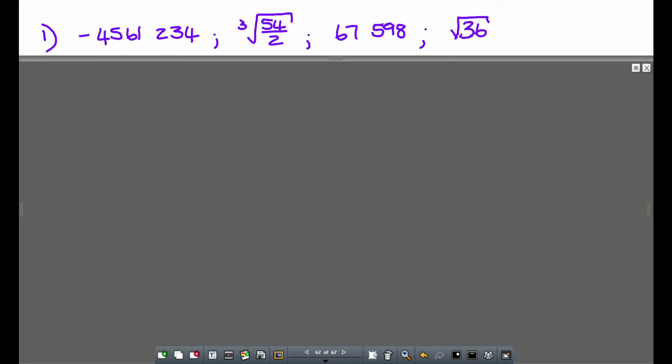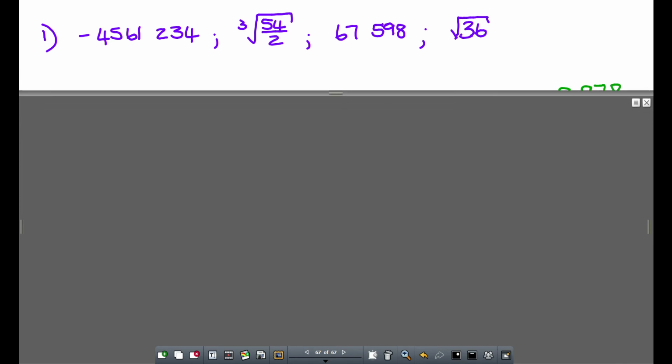Okay, so your list of integers, we said just now it must be whole numbers, right? Meaning all the positive numbers, negative numbers, and 0. Okay, so that first one is pretty straightforward, but have a look at this one.